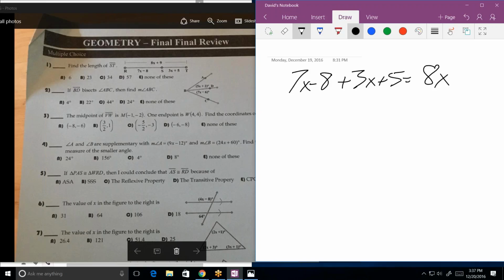Perfect. We won't go through the math because I want to make sure we get as many of these covered as possible. I know you don't have any trouble with the algebra here. So once you solve for x, substitute it into 3x plus 5, and you'll have the measurement of ST. Okay. Let's look at 2.